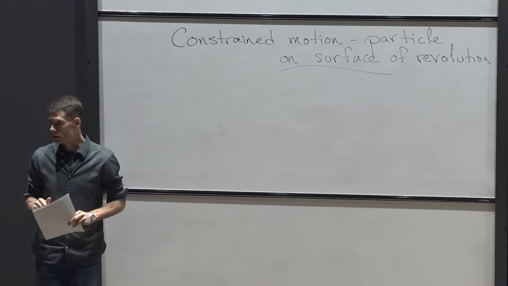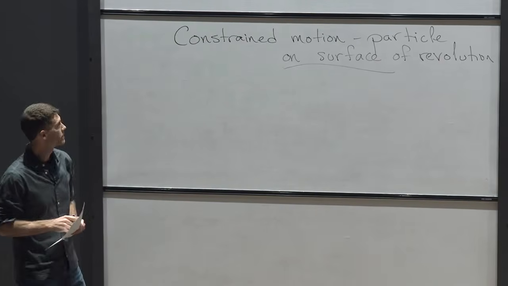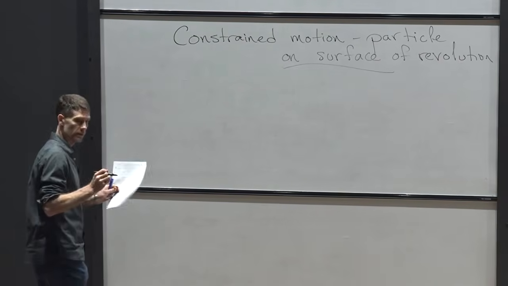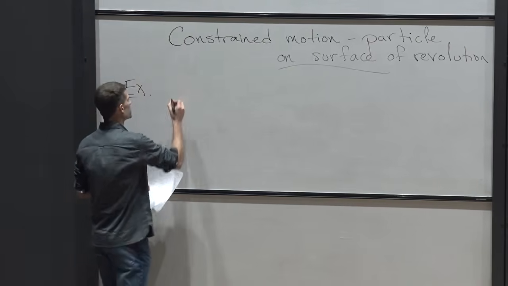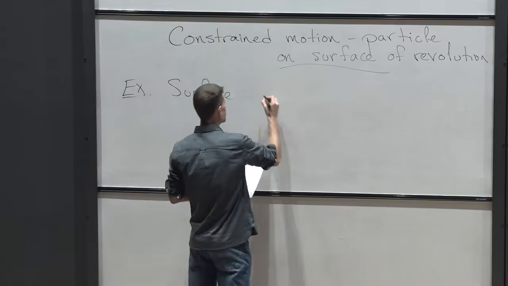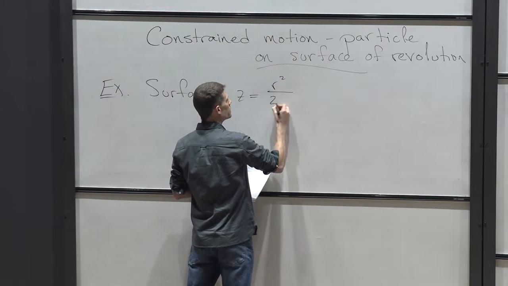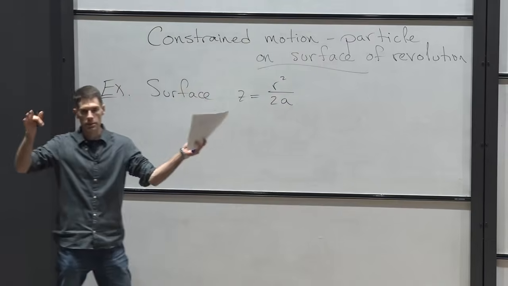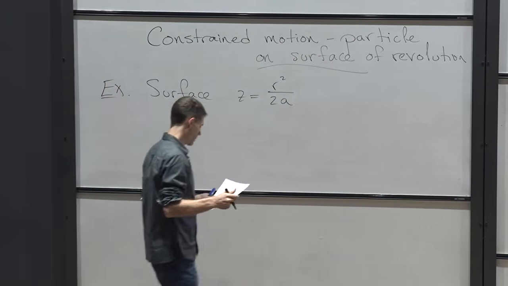So we've been looking at constrained motion, and we've worked through some of the equations of a particle on a surface of revolution. Let's do an example. I want to imagine the surface is z equals r squared over 2a. So this is like a parabolic shaped bowl, a some constant.